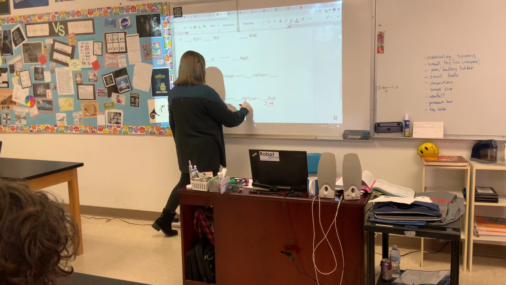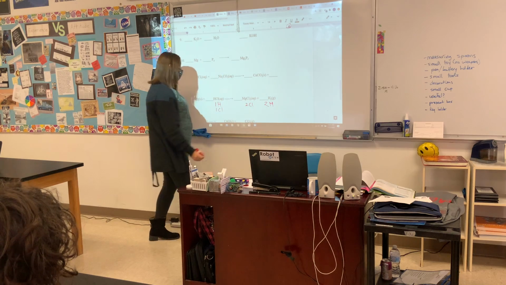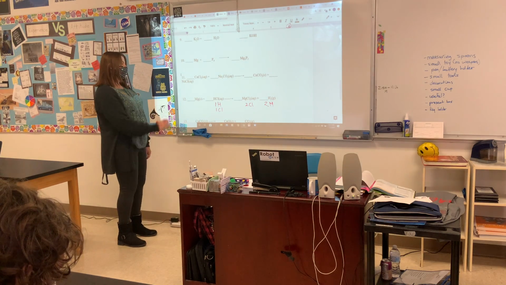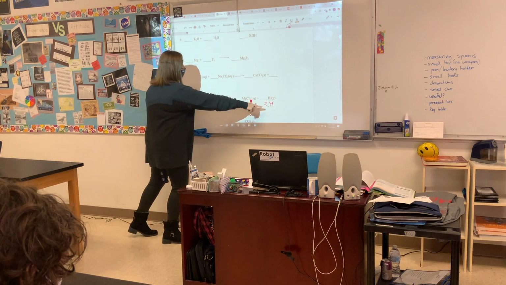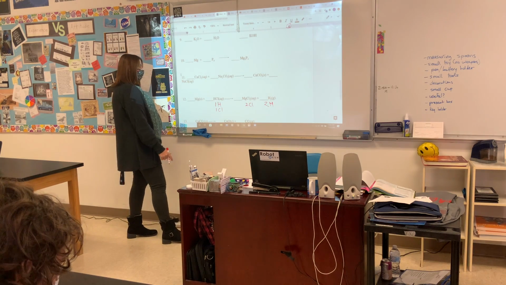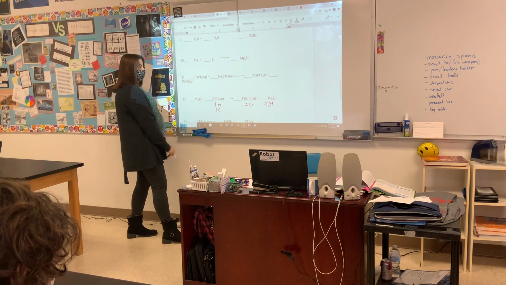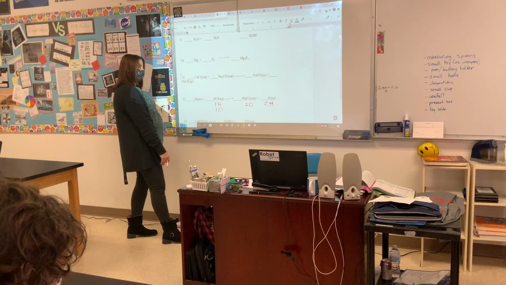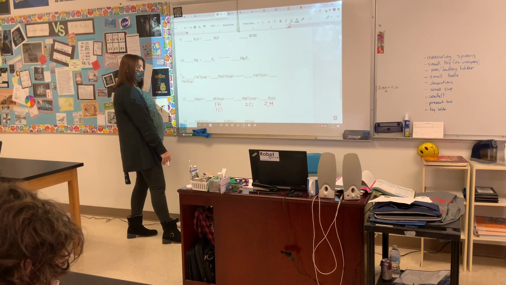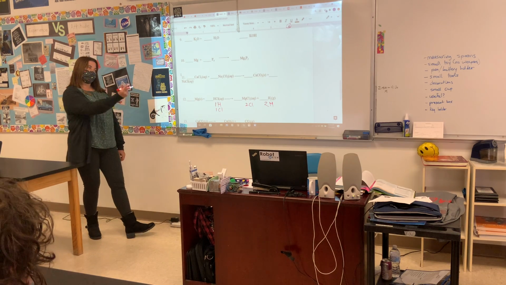Here I have 2 Cls. So how can I balance? I have to do something, considering I have an imbalance, with 2 Cls and 2 H's over here. I need to find a way to get 2 Cls and 2 H's over here. How can I do that? What do you think, Christian?